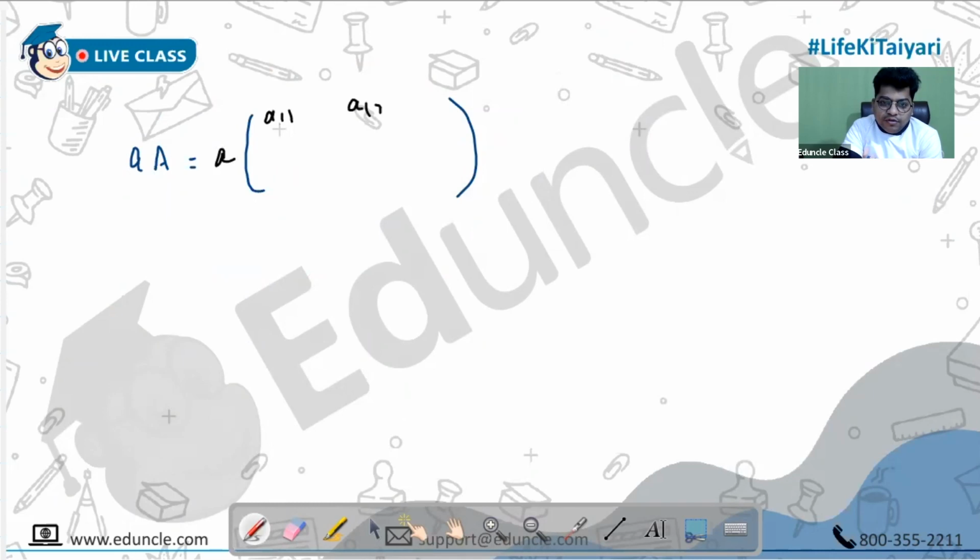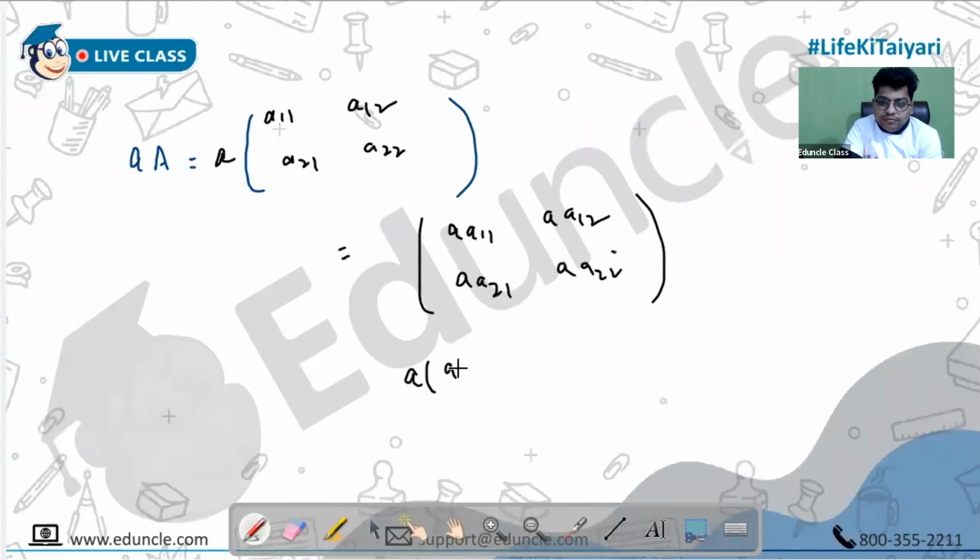A11, A12, A21, A22. So if you multiply, you will get A11, A12, A21, A22. If you take the diagonal sum, so A into 0 is 0.